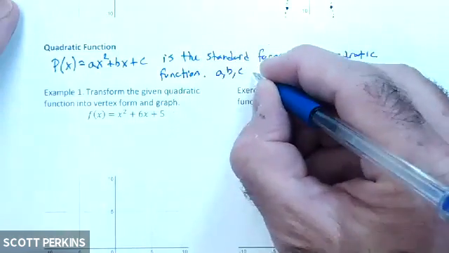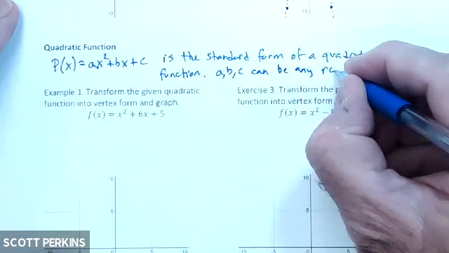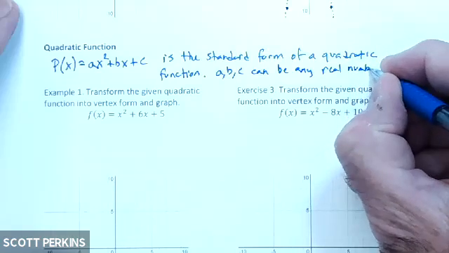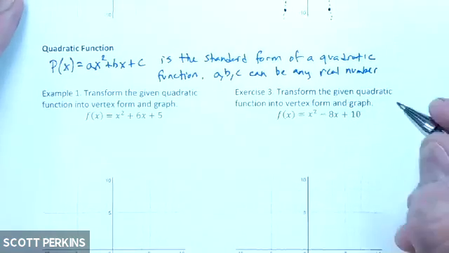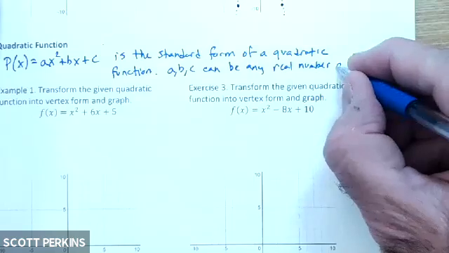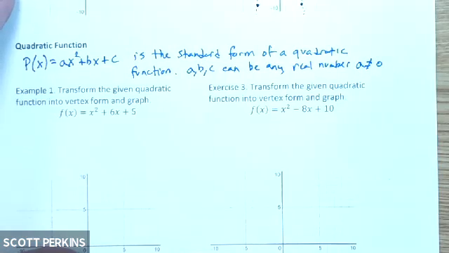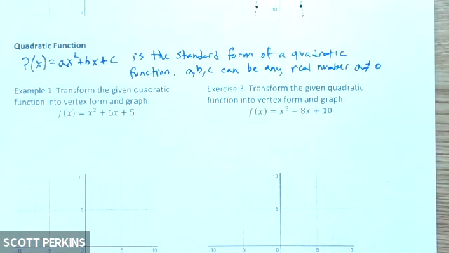A, B, and C can be any number. And there's only one limitation, and that one limitation is that a is not equal to 0. We've got to have a squared term. So ax squared plus bx plus c is called the standard form of a quadratic function.